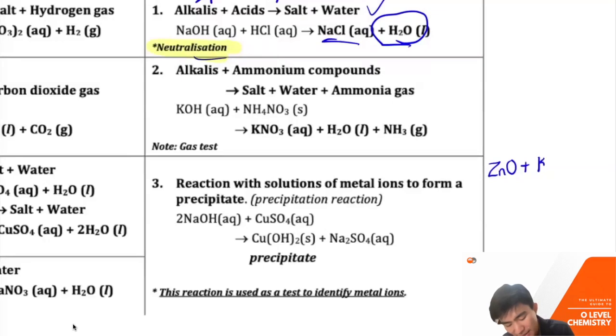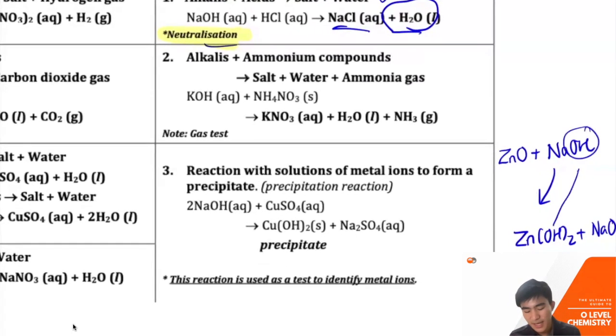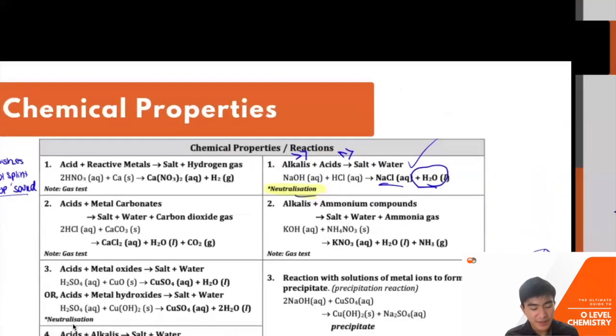For example, KOH, not a very good idea, so I use NaOH. How does it actually work? They are going to do a swap. It is going to give me zinc hydroxide, Zn(OH)2, plus sodium oxide. So it's like a swap situation, whereby this goes here. So this is for amphoteric oxides.